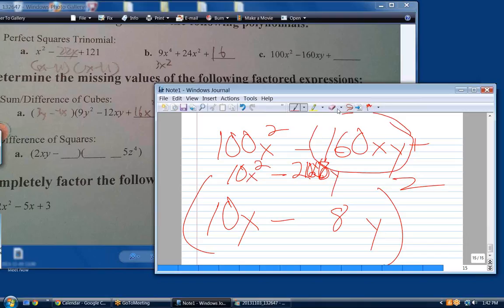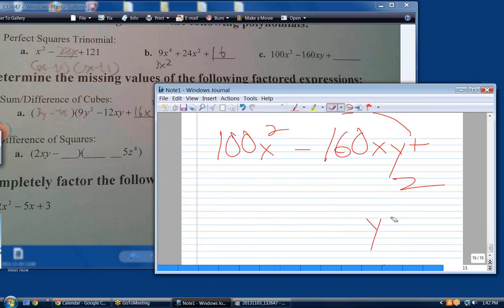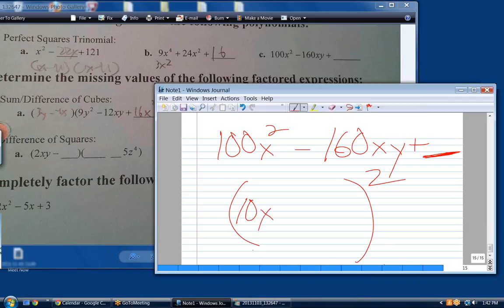Let's go through that logic again. That's a little complicated. So we're told that it's a perfect trinomial, so we know the answer has to be something squared. We know the first term has to be 10x. We know the sign has to be minus.